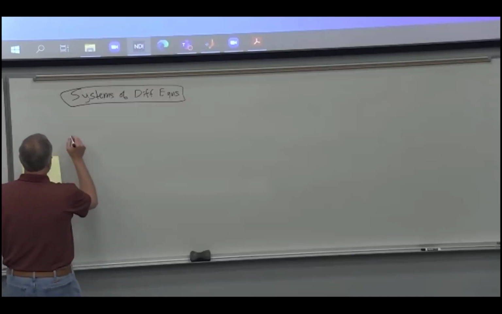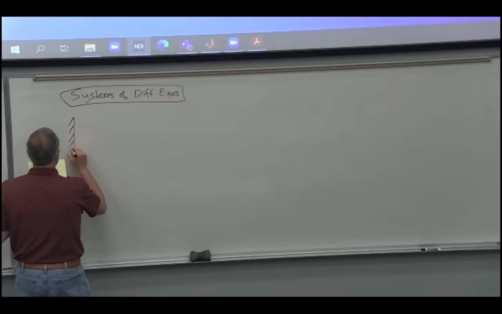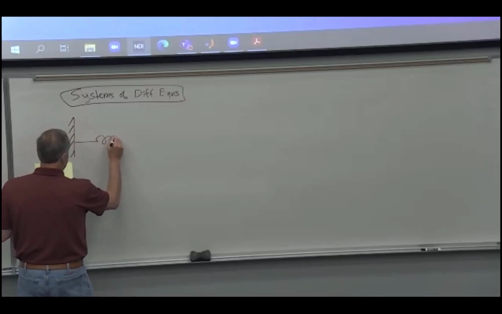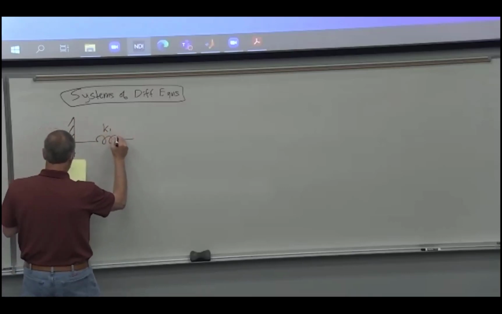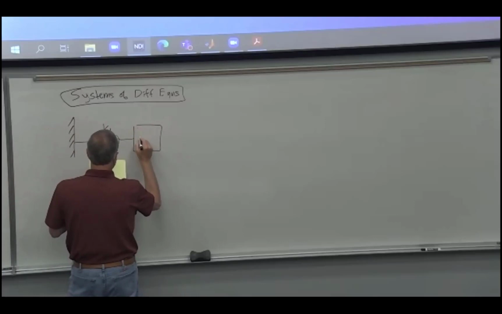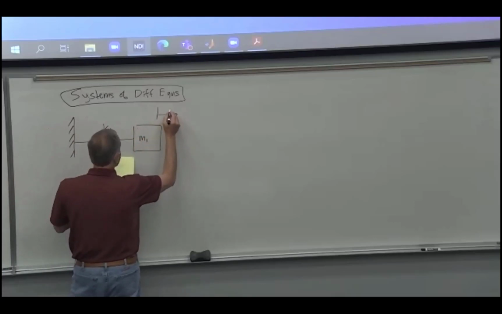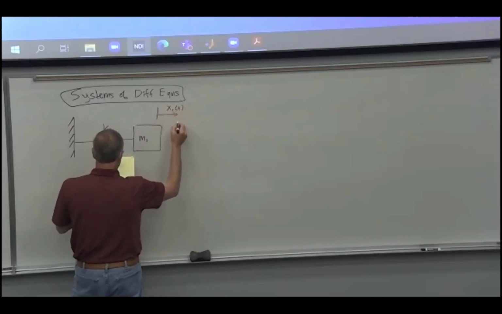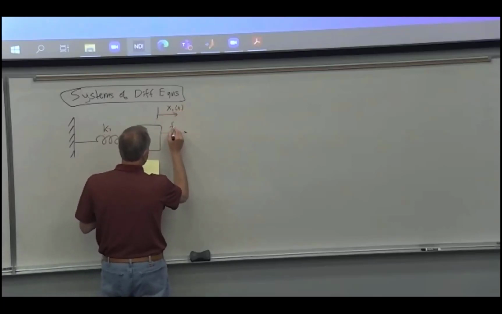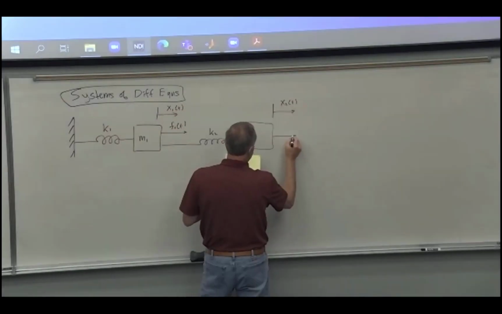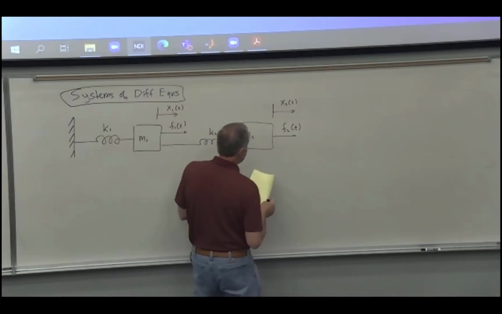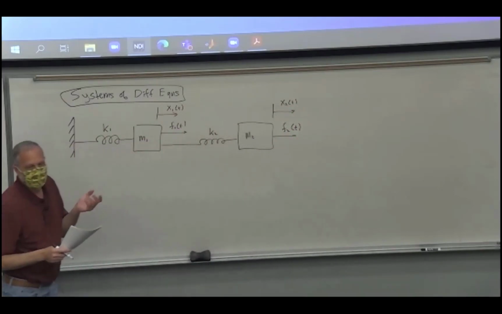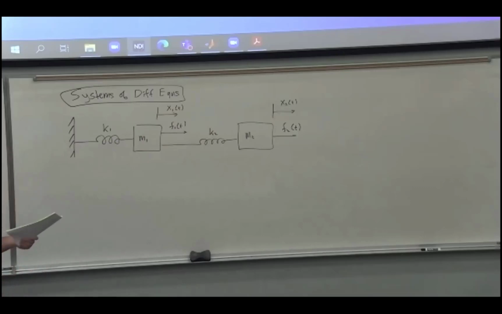So we're going to do another mass spring damper system, but it's going to look like this. We're going to make it simpler. We're not going to put any dampers. We're just going to put springs and masses. All right, so we have two masses, so we have two free body diagrams, we get two equations.